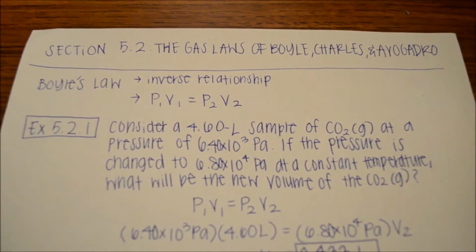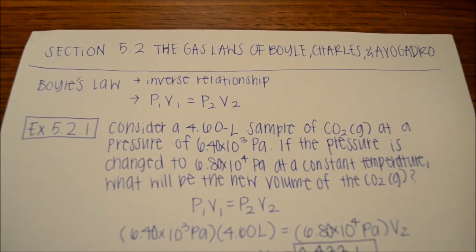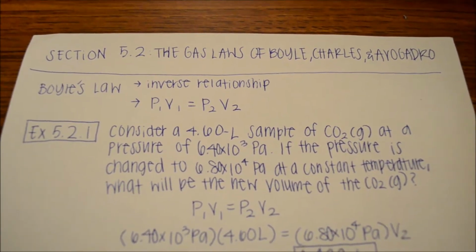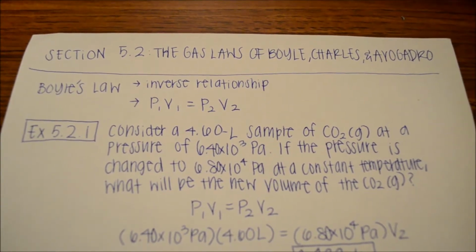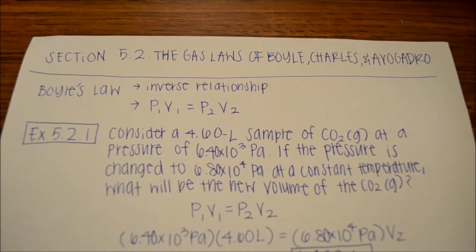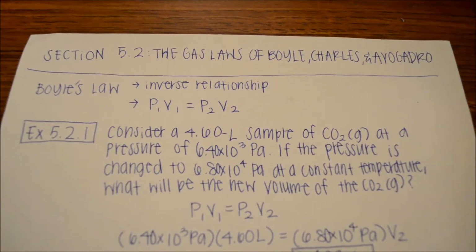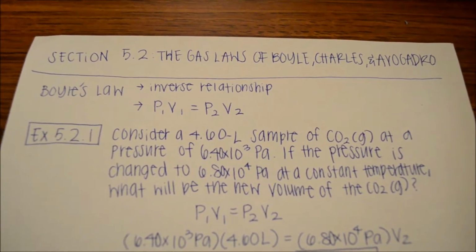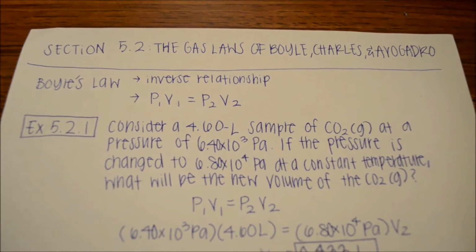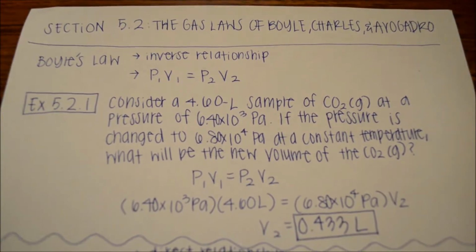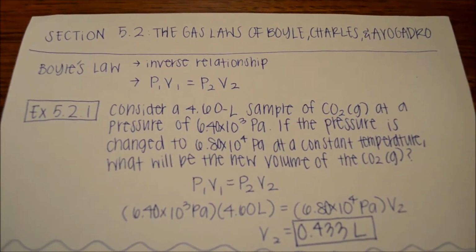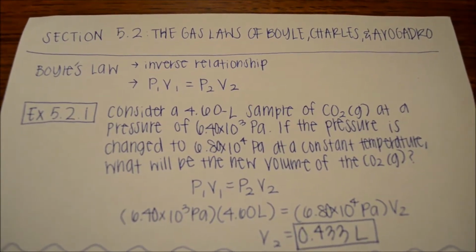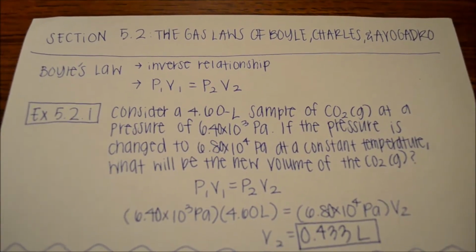So you'll set 6.40 times 10 to the 3 Pascal, multiplied by 4.60 liters, equal to 6.80 times 10 to the 4 Pascal, multiplied by V2, which is what you're trying to find. Plug it into the calculator, and you'll get V2 equals 0.433 liters.